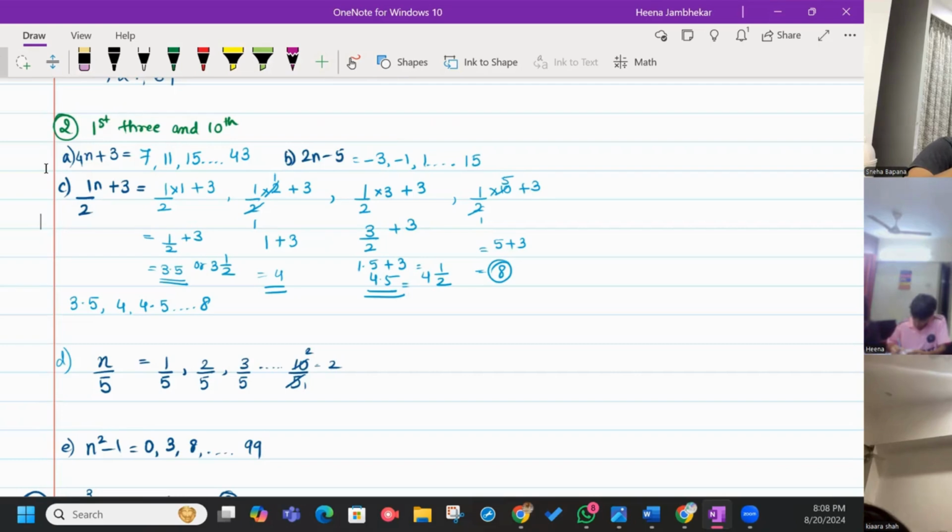n is equal to 2. Cancel this easily. 2 1s are 2.